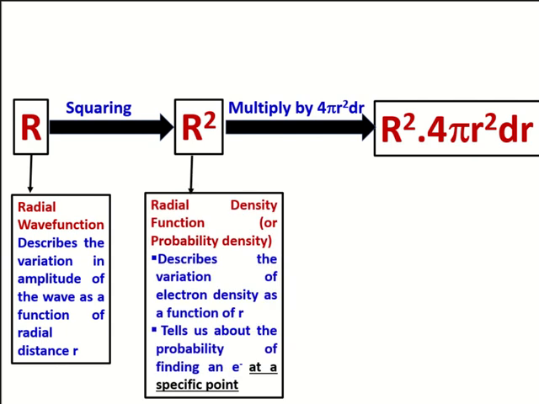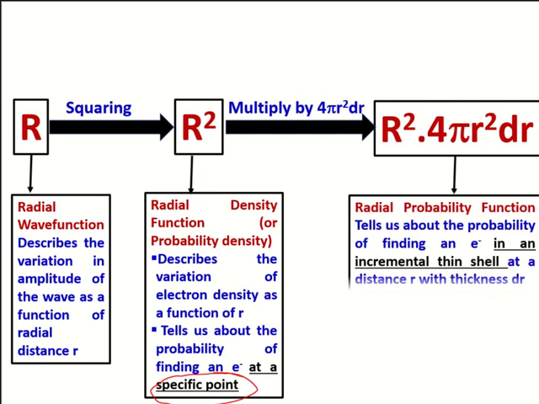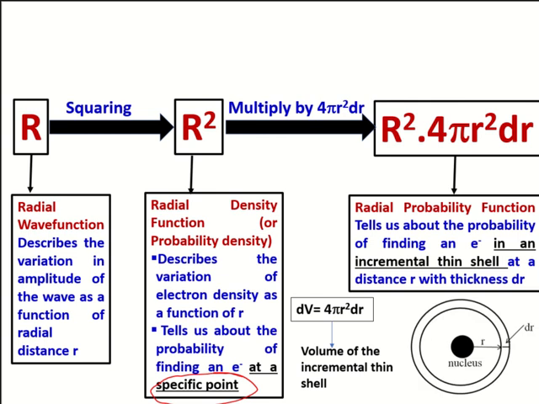Radial density function describes the variation of electron density as a function of r, and it also tells you about the probability of finding at a specific point. And the third one is the radial probability function. It tells you the multiplication of the 4 pi r square dr in an incremental thin shell at a distance r with thickness dr, that is volume of the thin shell.